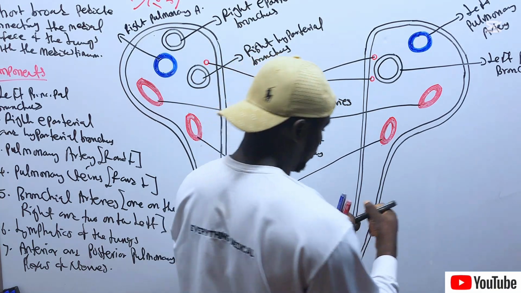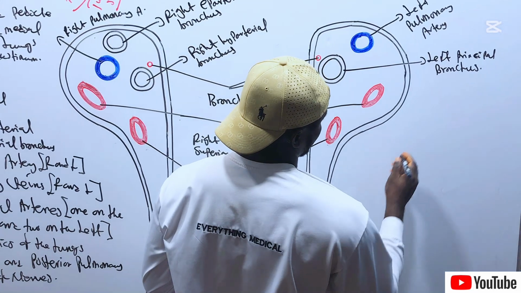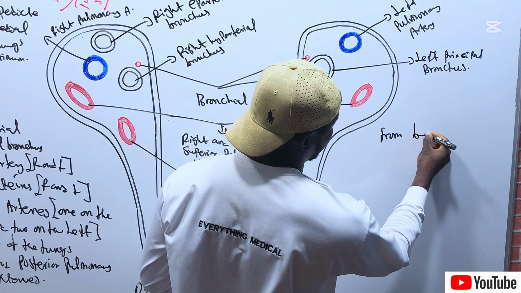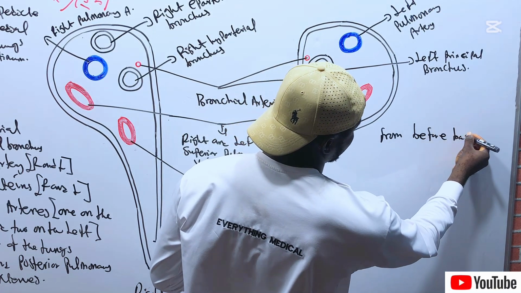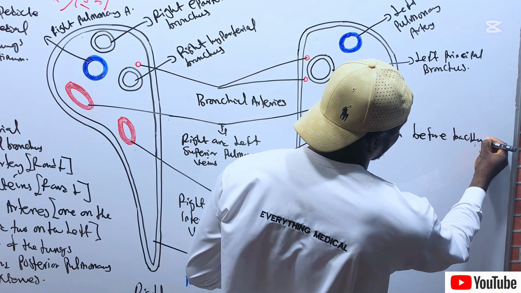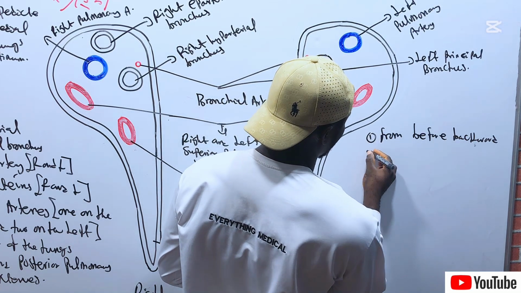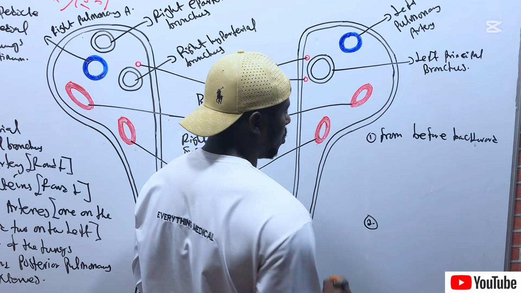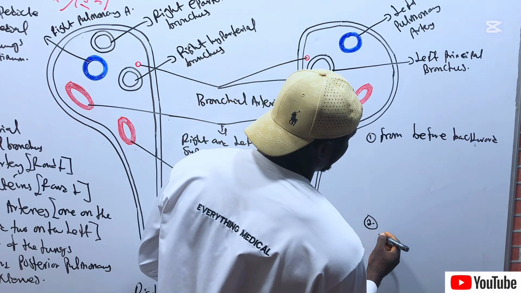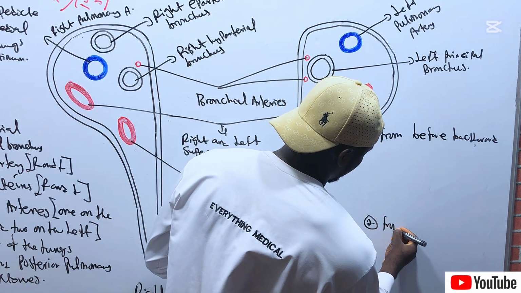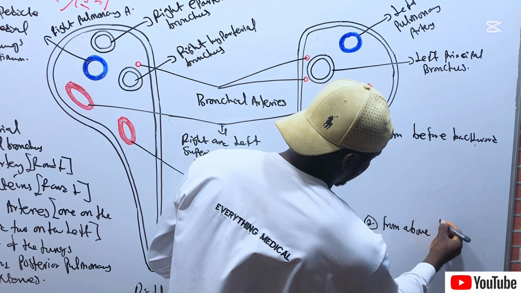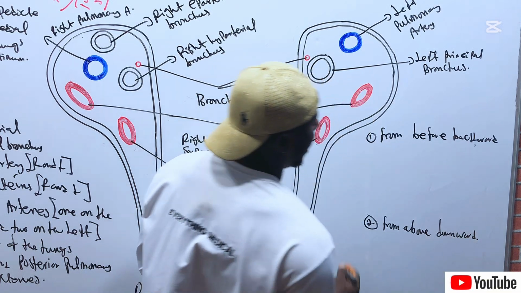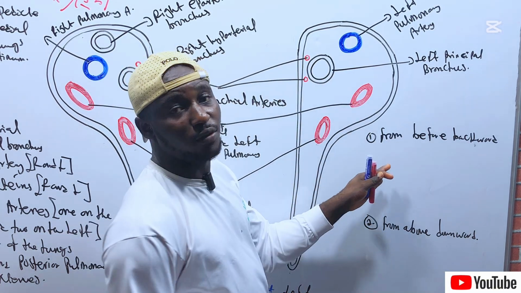We have, number one, from before backward, and number two, from above downward. So these are the divisions of the component of the root of the lungs.